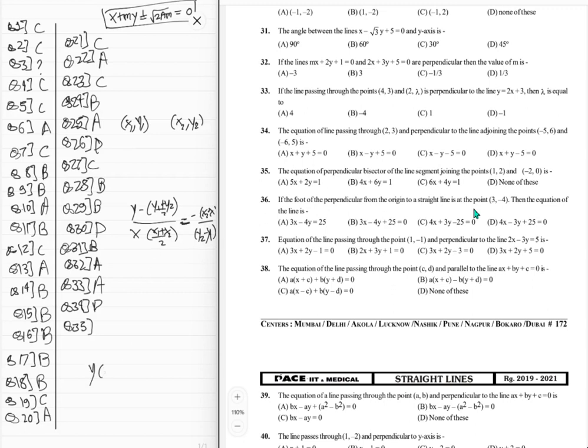So y into y2 minus y1, minus y2 squared minus y1 squared upon 4, that is equal to, or I should say plus, x into x2 minus x1, minus x2 squared minus x1 squared upon 4.